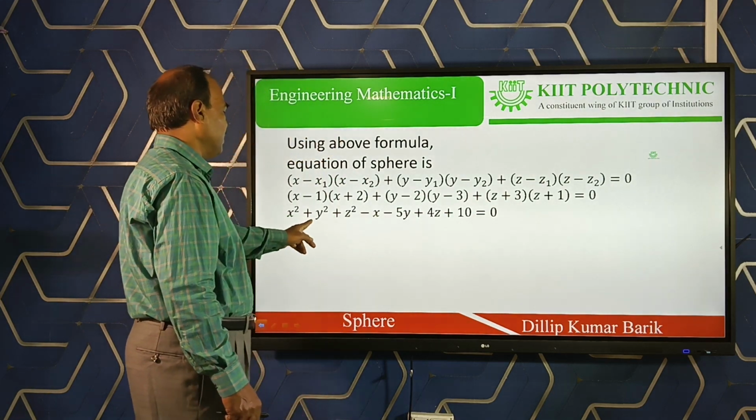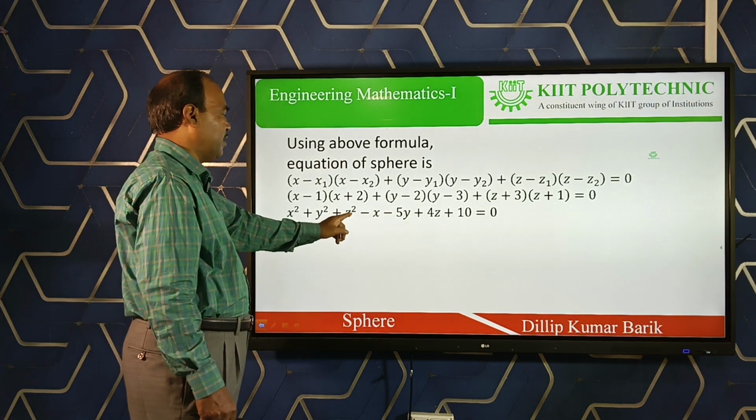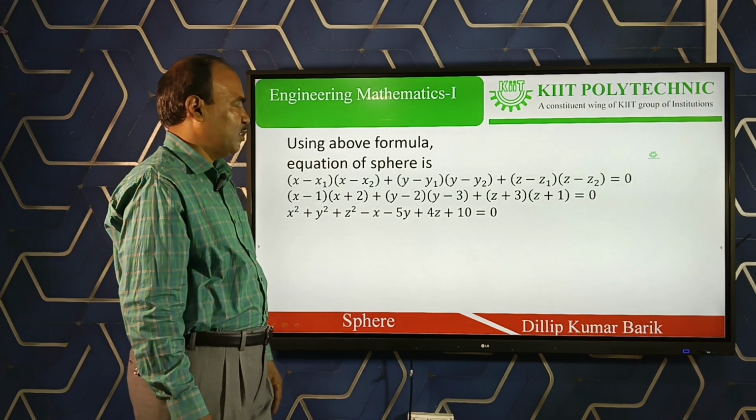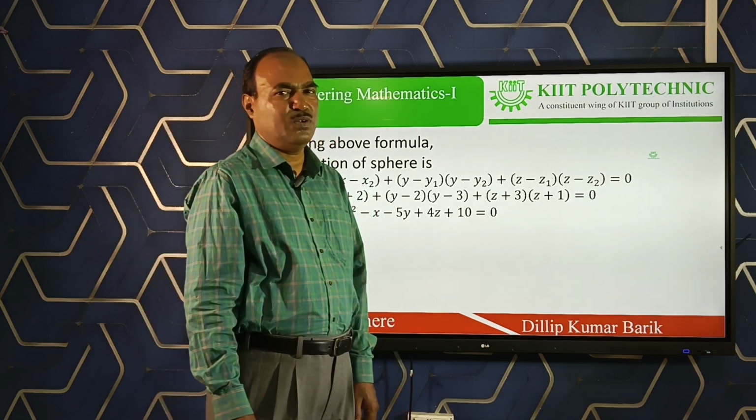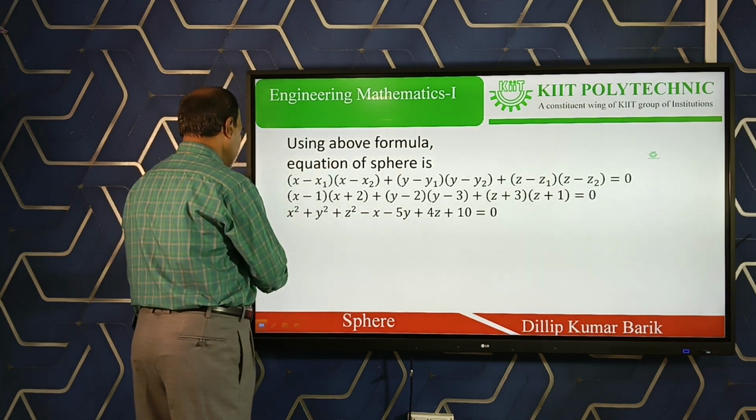After simplification, finally we get the equation of the sphere as x square plus y square plus z square minus x minus 5y plus 4z plus 10 is equal to 0. So clearly, this is the equation of a sphere.